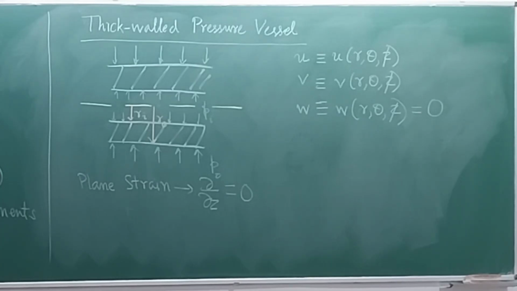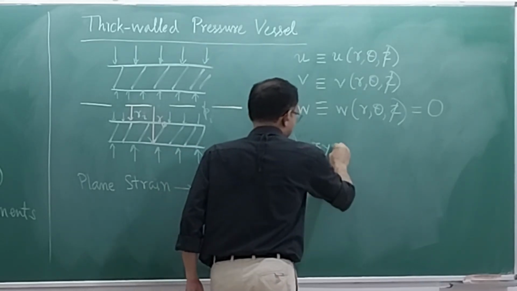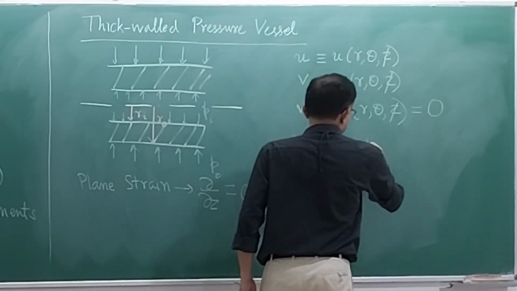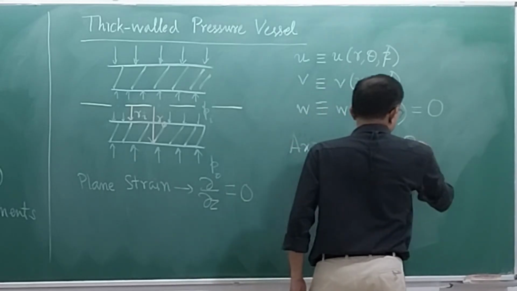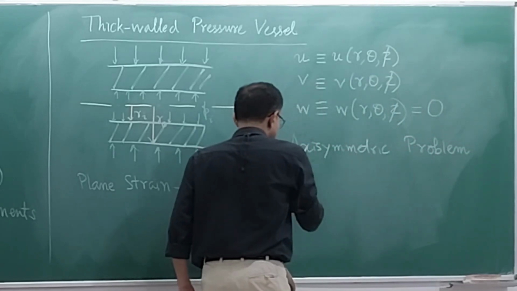And if you have an axisymmetric problem, what is the immediate conclusion that you can draw? Very good. Del theta is equal to 0. So what does it mean?